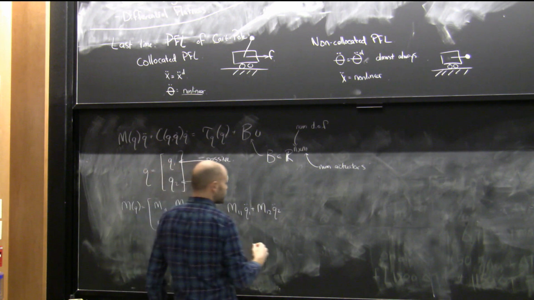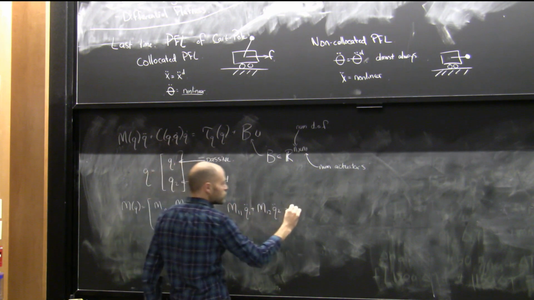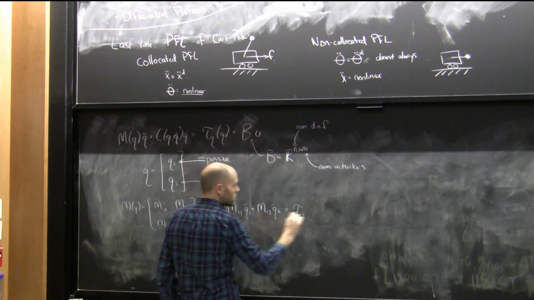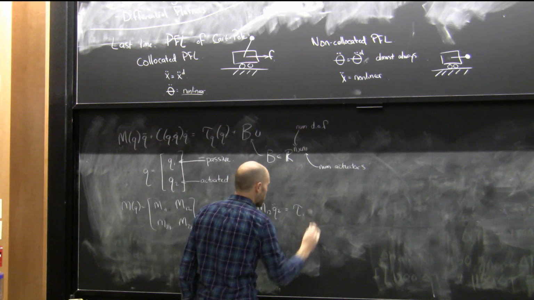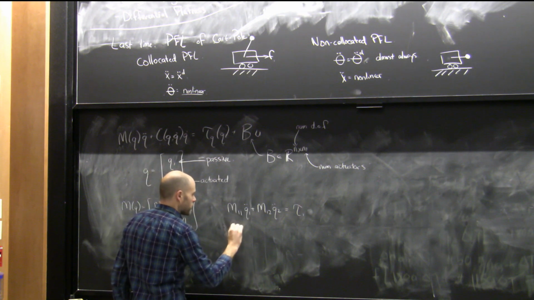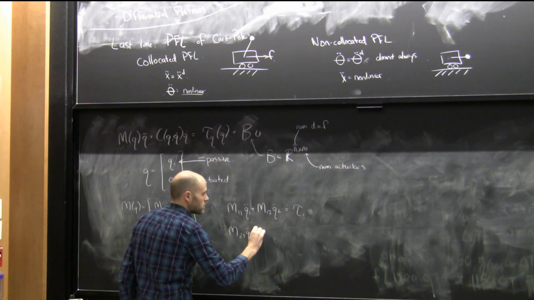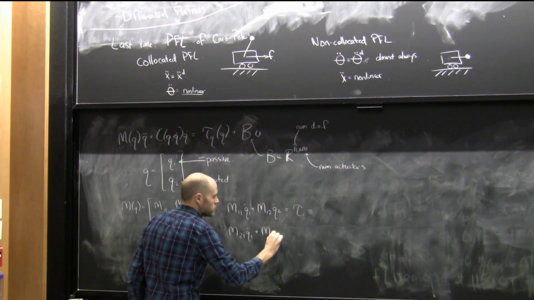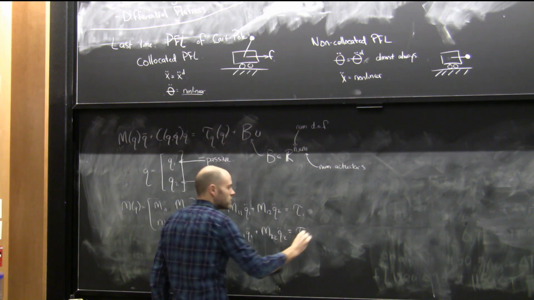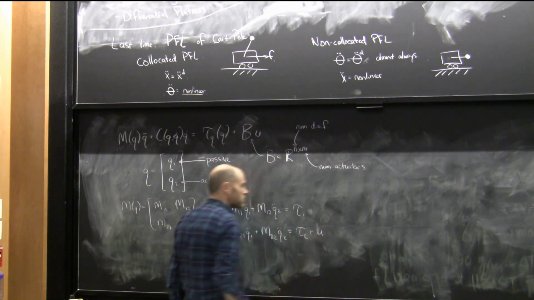plus a bunch of stuff. I'm just going to stick this into some general torque that applies to 1. Oh, that's my passive one. I said there's no U's over here. And then M21 Q1 double dot plus M22 Q2 double dot equals tau 2 plus my U vector.